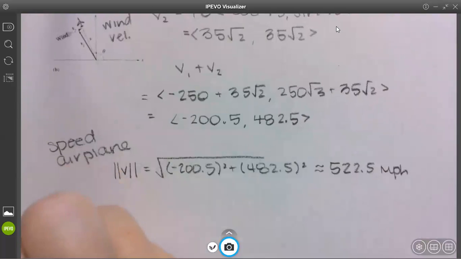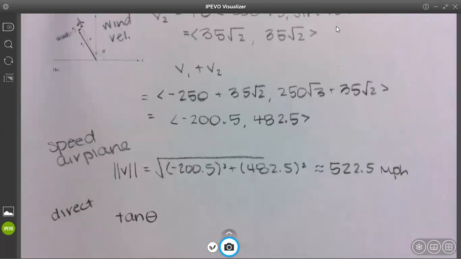And then it asks for the direction. Remember, your direction is like your slope, so that would be your tangent. In this case, the direction has to be a degree, so that's why I use tangent. And remember, your slope is y minus y over x minus x.